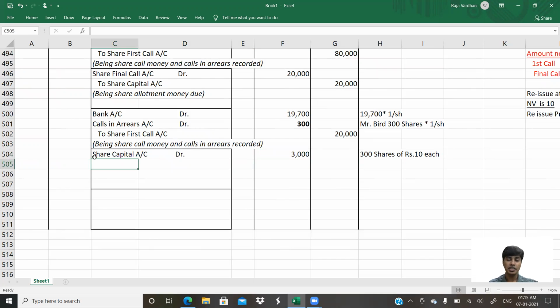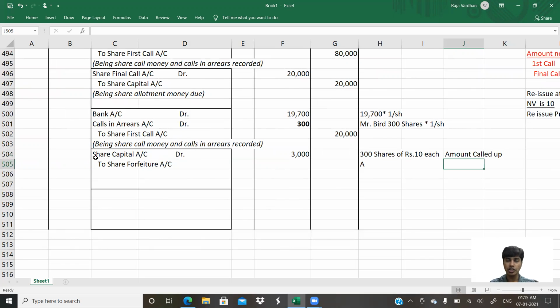Next thing, with regard to these shares, how much of the money which was previously collected would go to share forfeiture account? It is like profit. Now the shares have been forfeited. Will you refund the money? No, no, no, no. You will not refund it. So first this is amount called up.